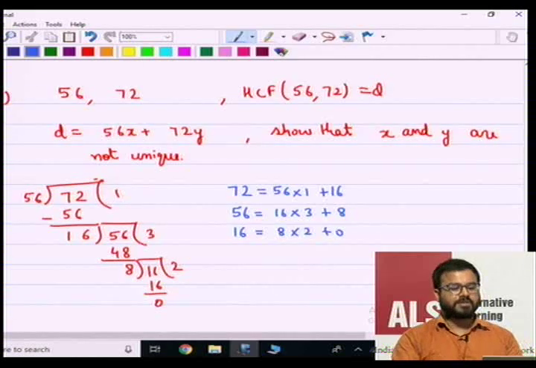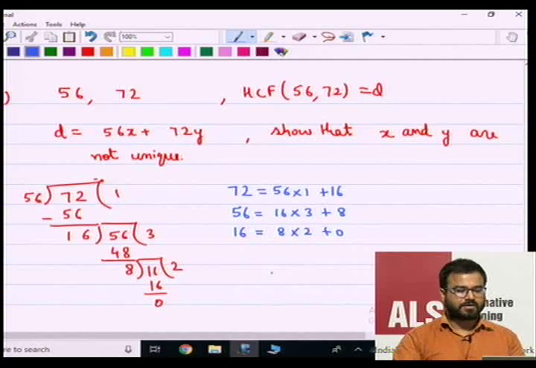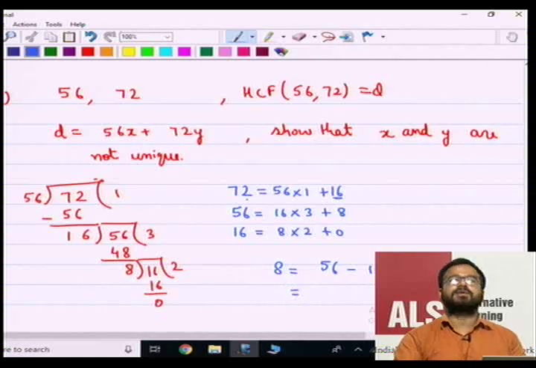So this is the algorithm which we can write. Here, starting with 8, we will write 8 is equal to 56 minus 16 into 3, and then 16 can be written as 72 minus 56.